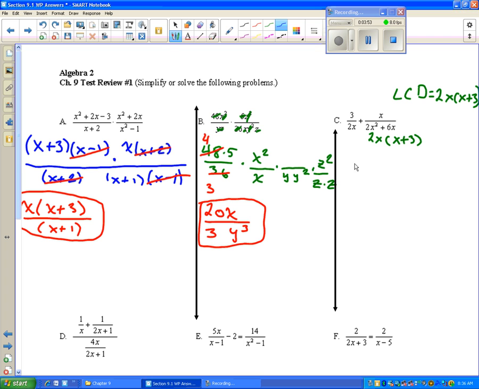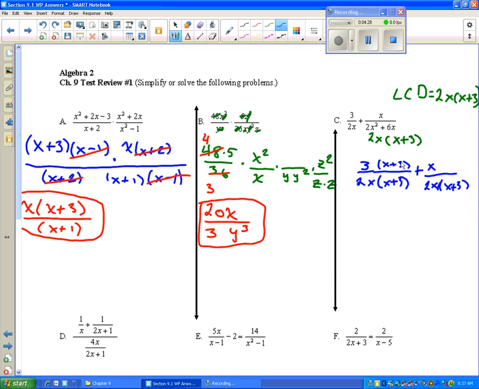So my first fraction is 3 over 2x. And that needs to be multiplied by my LCD of, well, what's missing? It's missing an x plus 3 over x plus 3. Then I'm going to have the plus. Over here, I already have the 2x times the x plus 3. So I don't have to multiply by anything. I don't want to do any canceling.